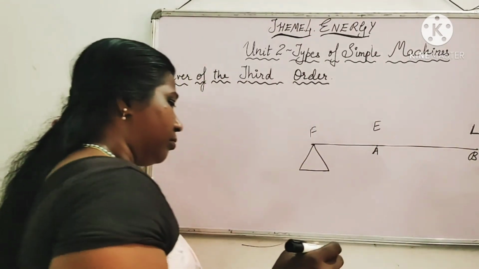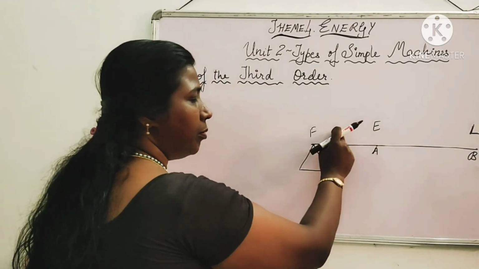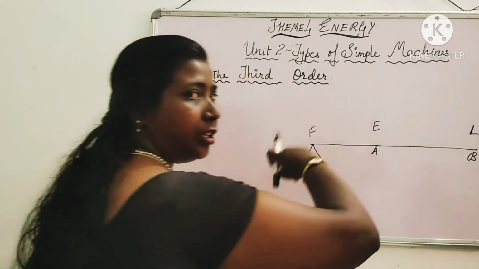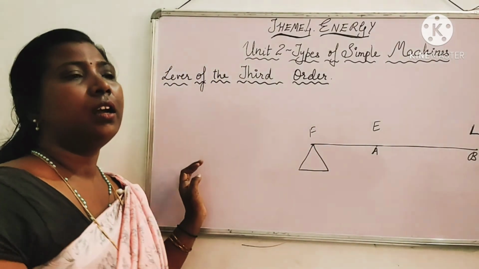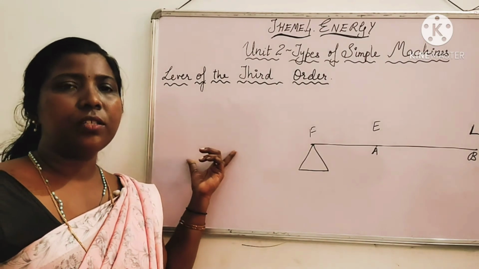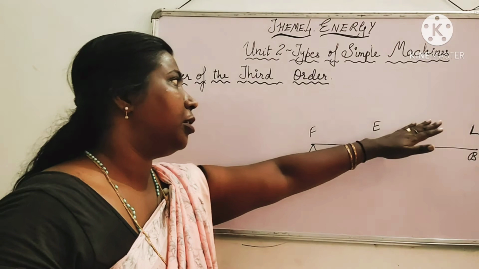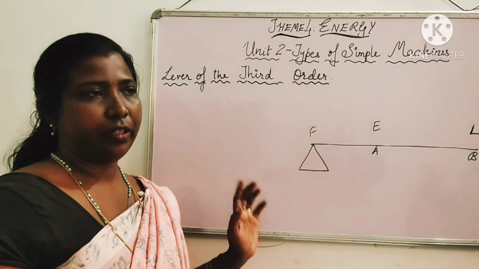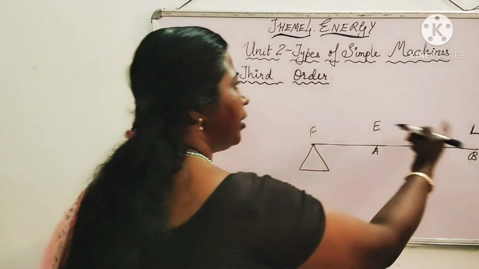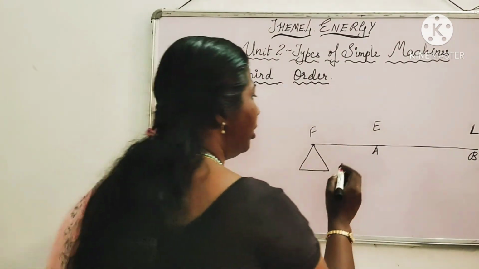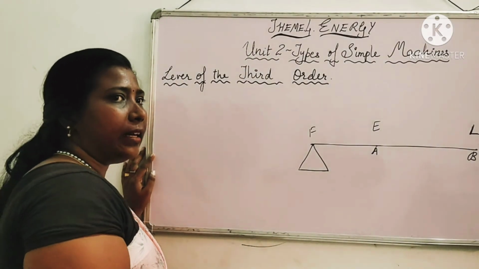Okay, students, this is A. The effort will be in the middle, in between the load and the fulcrum. In the previous case, the load was in between the fulcrum and the effort. But in this case, the effort will be situated in between the fulcrum and the load. Now here, how will we find the mechanical advantage?